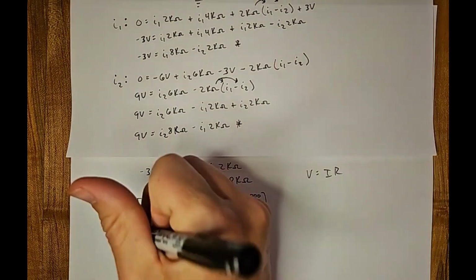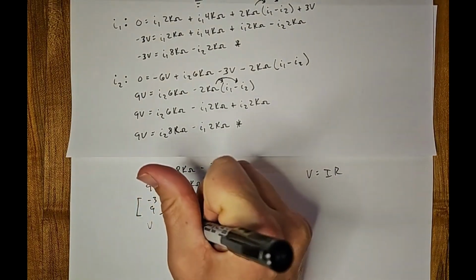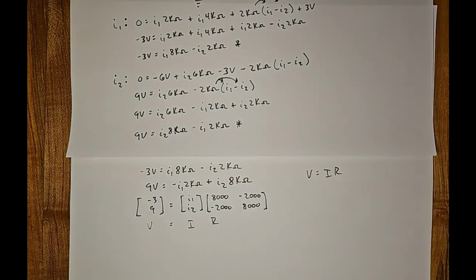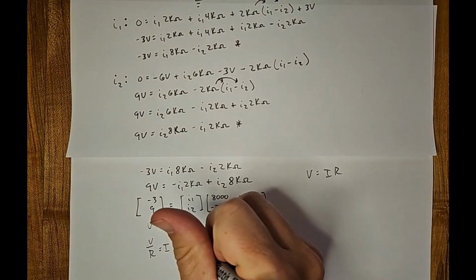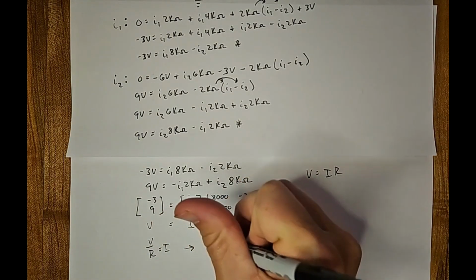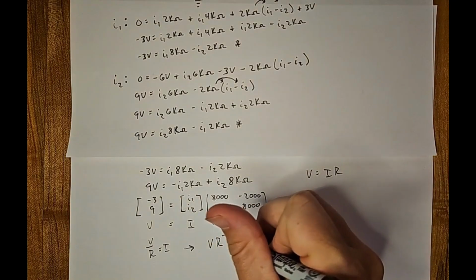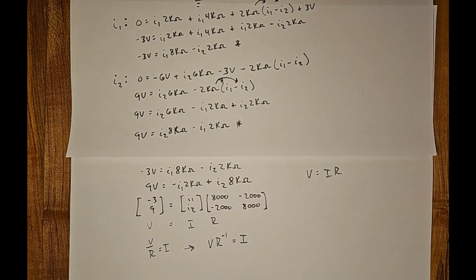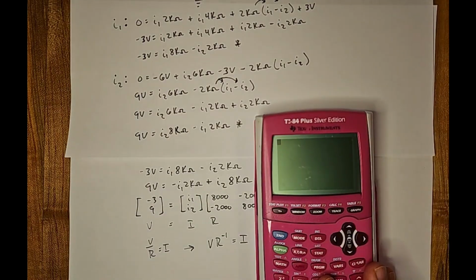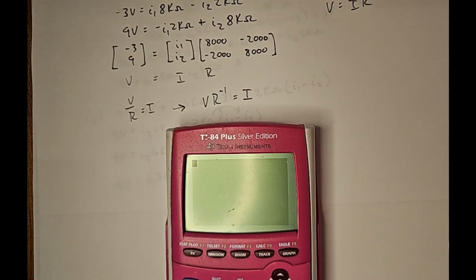Now we can treat this as V equals IR. So move R over, V over R equals I. But what we can do instead is V R to the -1 equals I. So now let's break out the calculator and put these in.